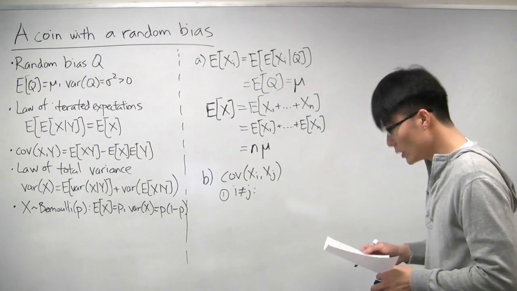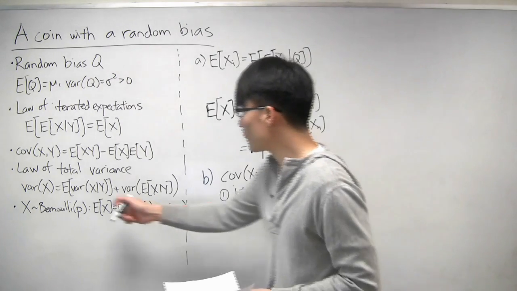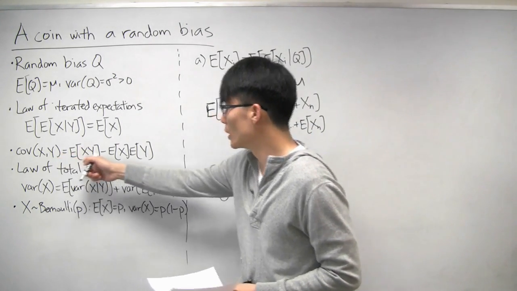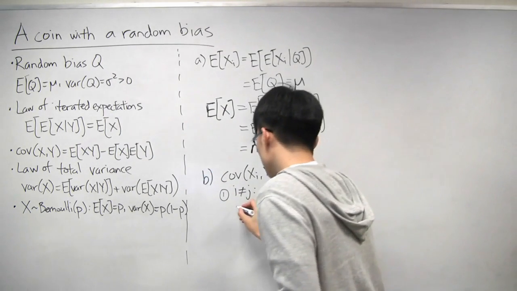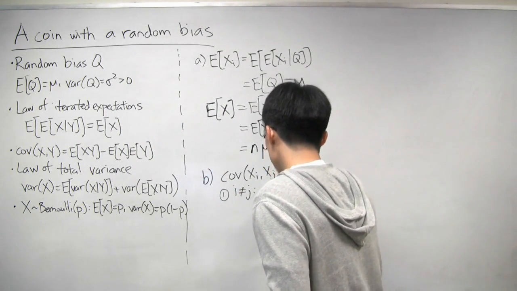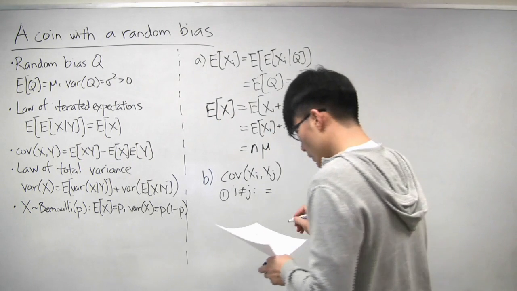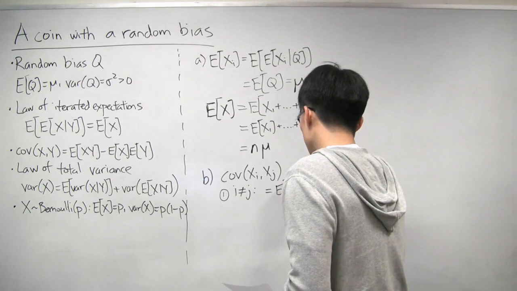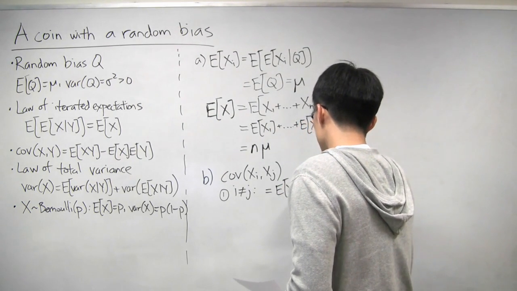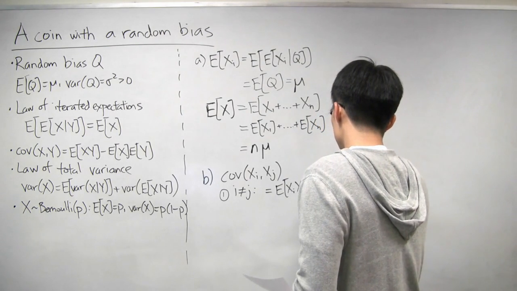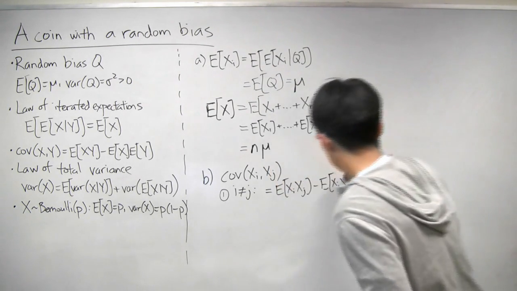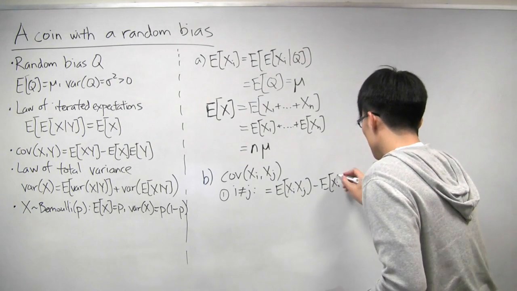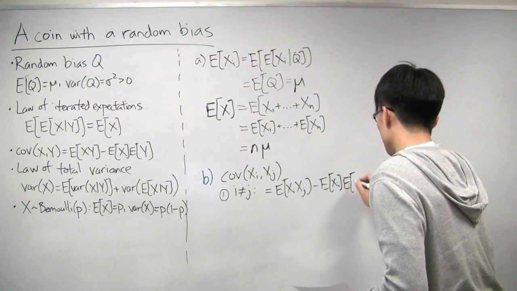In this case, we can just apply the formula that we talked about in the beginning. So this covariance is just equal to the expectation of xi times xj minus the expectation of xi times the expectation of xj.